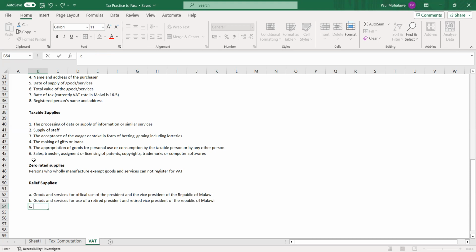Number C, the goods and services for use by the National Council of Sports.